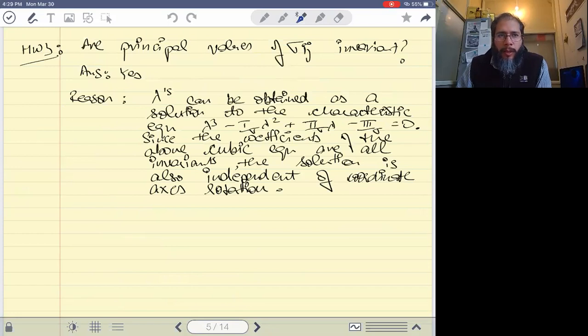Okay. Now, problem number 3 was, I asked you if the principal values of sigma are invariants. That is, if I try to find the principal values of sigma, and the principal values of sigma prime, which is nothing but the components of sigma in a rotated coordinate system, they should both give the same eigenvalues. Okay, the answer is yes.